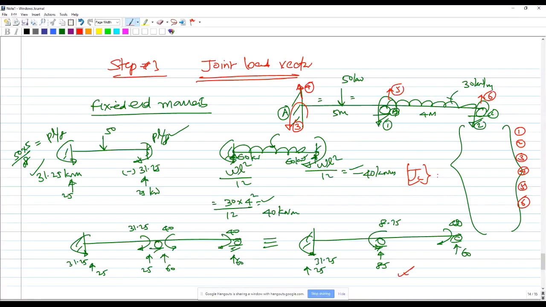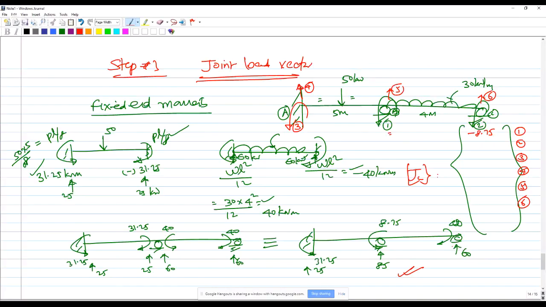Let's look into this figure now. If you look at 1, it is anti-clockwise, so minus 8.75. Why is there a negative? Because this anti-clockwise should be reversed as clockwise, whereas the original sign is anti-clockwise, so minus. Similarly, 2 is anti-clockwise.